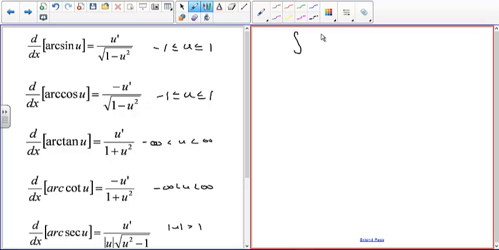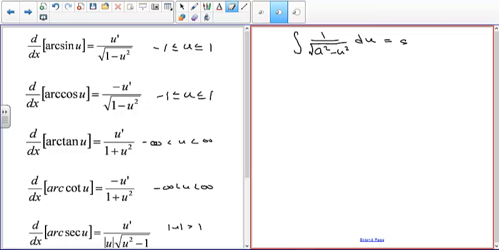So the integral of 1 divided by the square root of a squared minus u squared du is equal to the arc sine of u over a plus c.